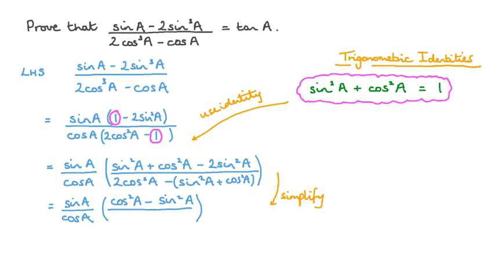Now we're going to simplify, and when we do that, we have sin A over cos A multiplied by (cos squared A minus sin squared A) on the numerator.